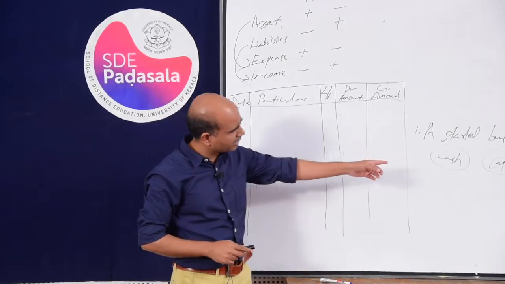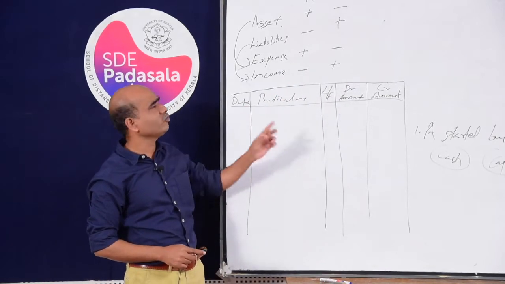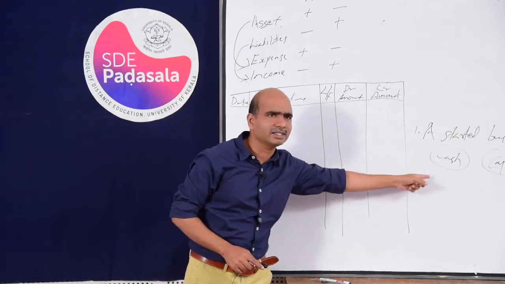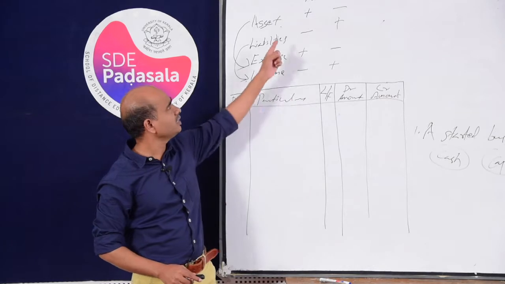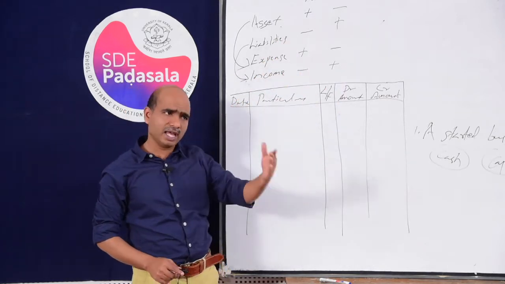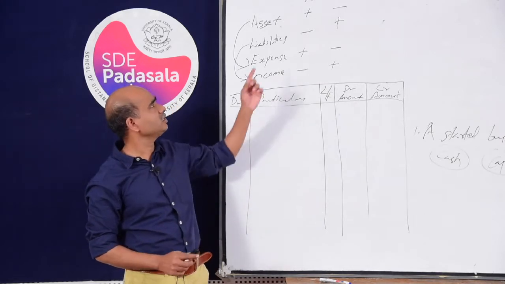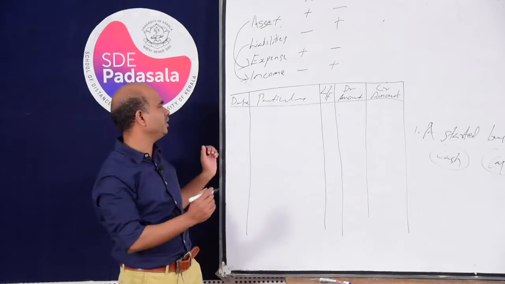So, what is the nature of cash? We already stated that cash and other valuables are treated as an asset. So, cash is an asset. What happened to that cash? Is it increased or decreased? When that amount comes to a business, cash is increased. The principle is when cash is increased, cash should be debited.